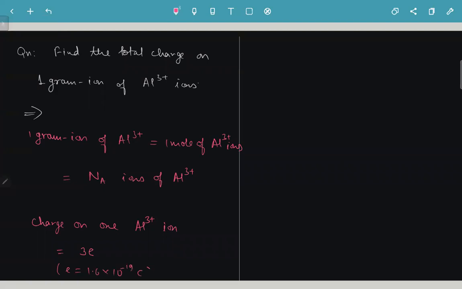So what will be the charge on Na ions of Al3+? It will be equal to Na × 3e, which is equal to 3 coulombs. This is the total charge on 1 gram ion of Al3+. Clear है ये?